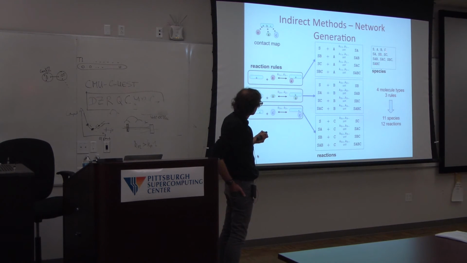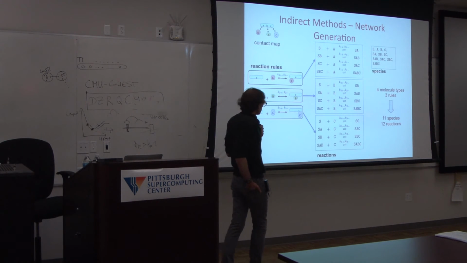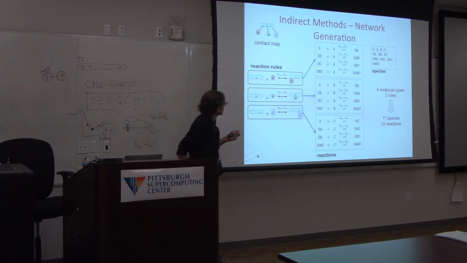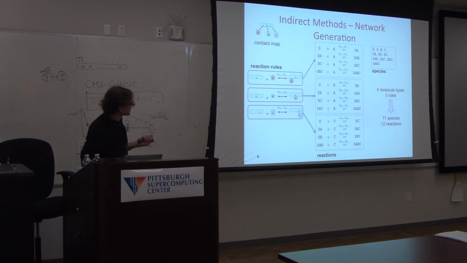There are 11 possible species, which are indicated by shorthand here. And that's it. So at the end of the day, we have a reaction network with these 11 species and 12 reactions. And we could write down differential equations now for each of the species. And we could solve those probably only numerically by simulation on the computer.